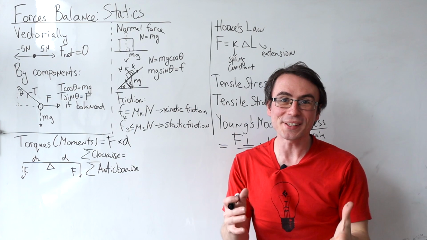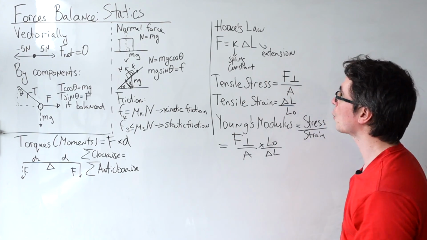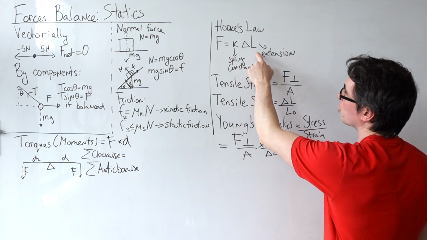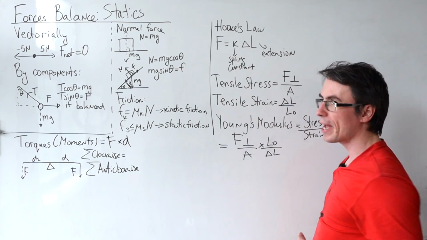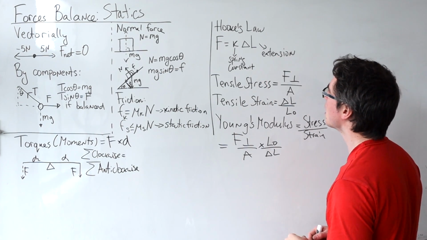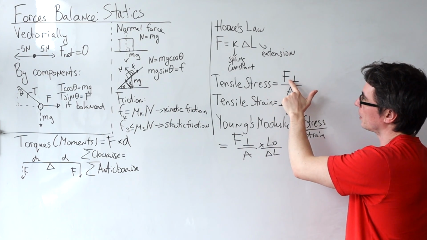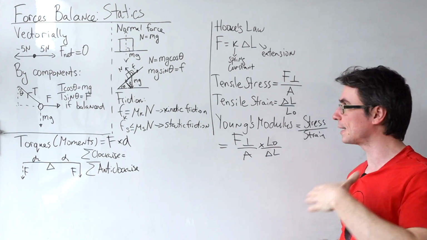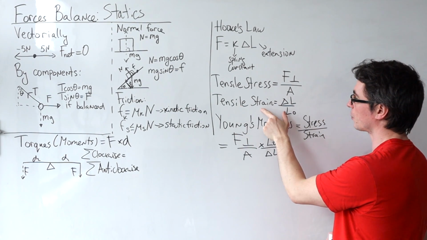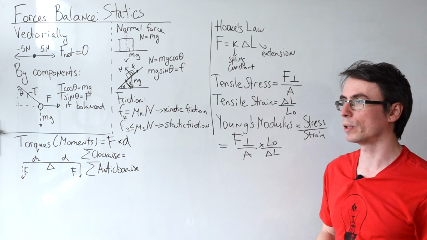In Physics Olympiad, we can also get questions which are based on Hooke's law for elastic materials, so the force being proportional to the extension delta L, or the amount of compression. We can really just call that the change in length. Now, we need to define tensile stress, which is given by the amount of force perpendicular to an area divided by the area, and then the tensile strain, which is the change in length divided by the original length.